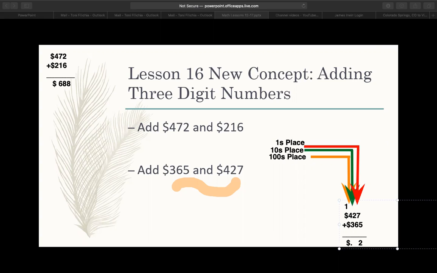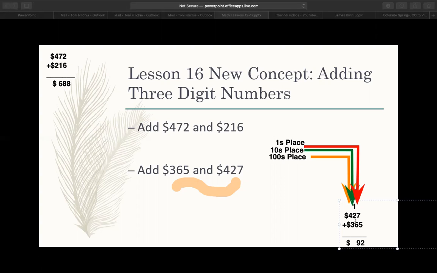All right, what is 1 plus 2 plus 6 in our tens place? 1 plus 2 plus 6 is 9.